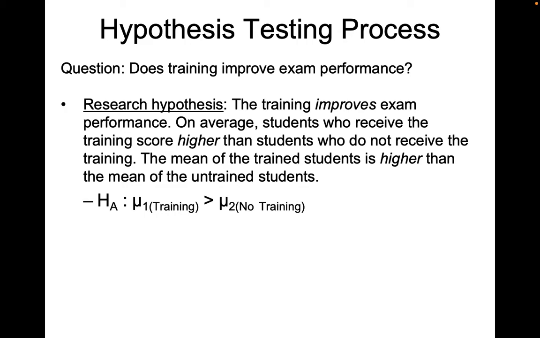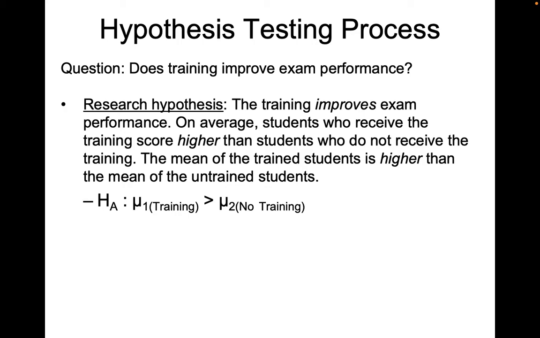A common way to symbolize the research hypothesis is H sub A. The A stands for alternative because, as I mentioned before, another name for the research hypothesis is the alternative hypothesis. You may also see the research hypothesis symbolized as H sub 1. I just choose H sub A.